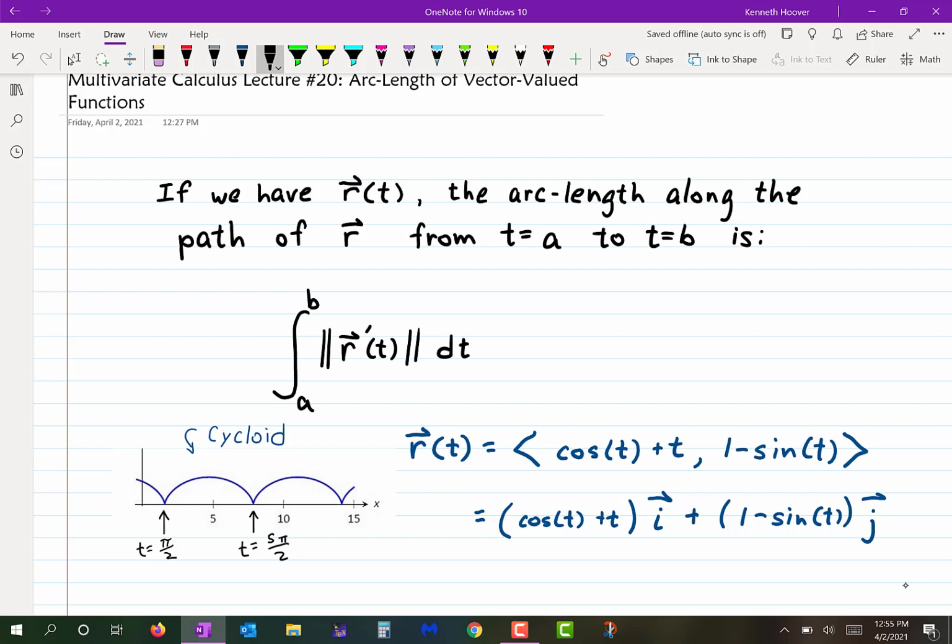What I want to calculate with you is, if you walked along that hump, how far would you travel?